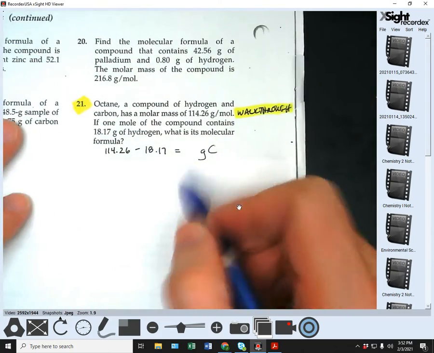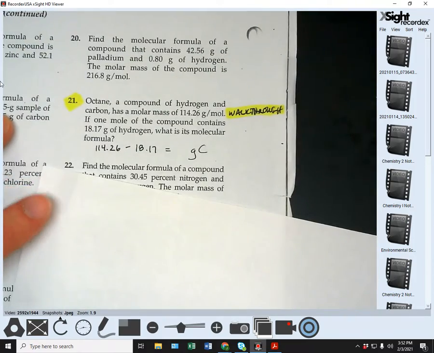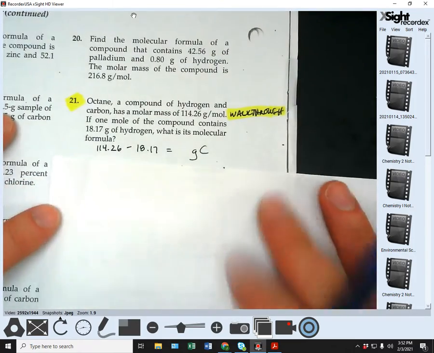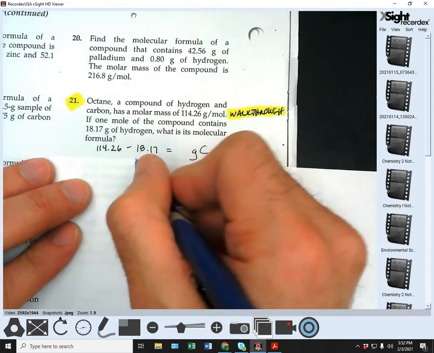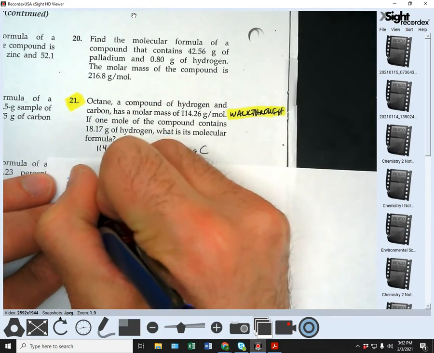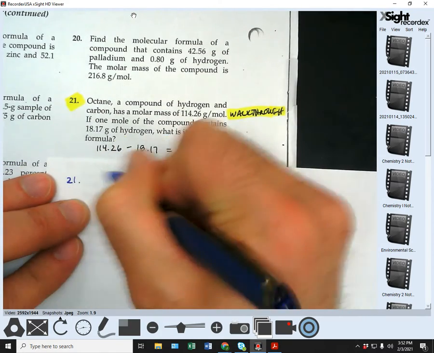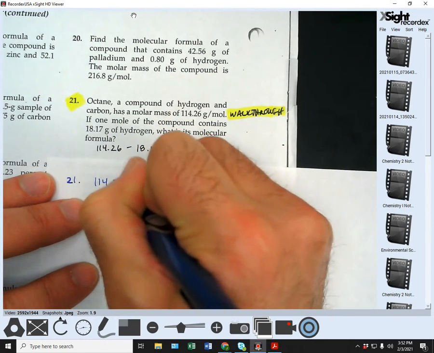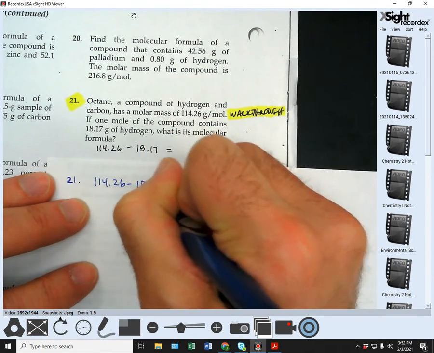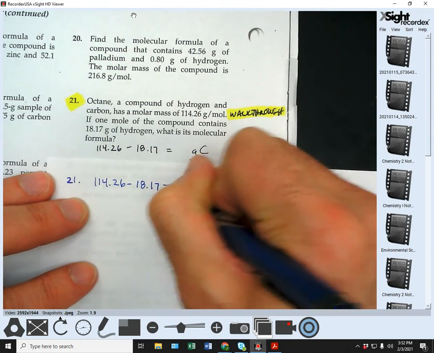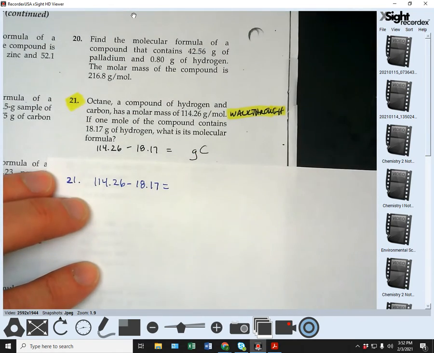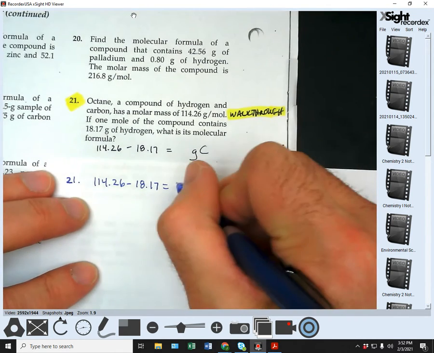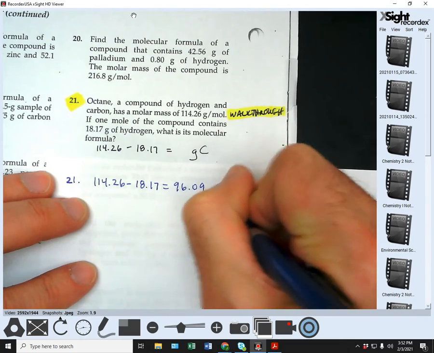Basically, what you're going to do is start by taking the molar mass, the 114.26, and subtracting the 18.17. This will get you the grams of carbon, which ends up being 96.09.